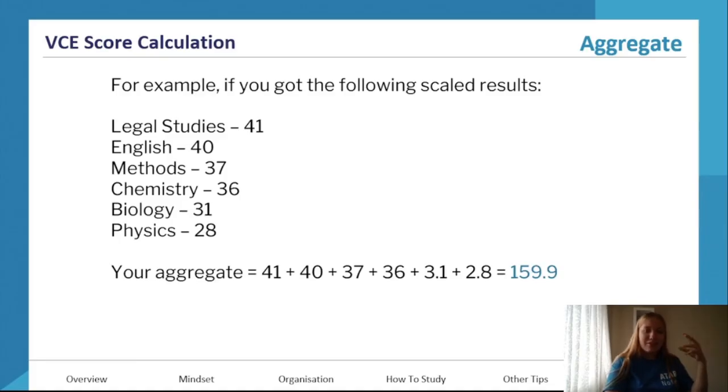Because say all of our study scores were 50, so our last two subject study scores were 50 as well. The maximum contribution these values could have had to our aggregate would have been 5.0 anyway. So if we get 3.1, we've only lost 1.9 potential aggregate contribution.